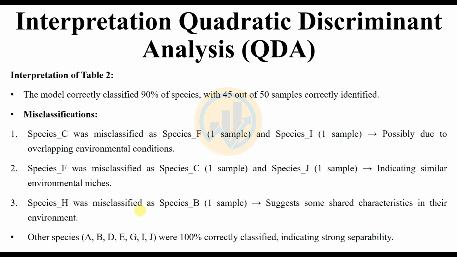Species F was misclassified as species C and species J, indicating a similar environmental niche. Species H was misclassified as species B, suggesting more shared characteristics in their environment. The other species, A, B, D, E, G, I and J, were 100% correctly classified, indicating strong separability.